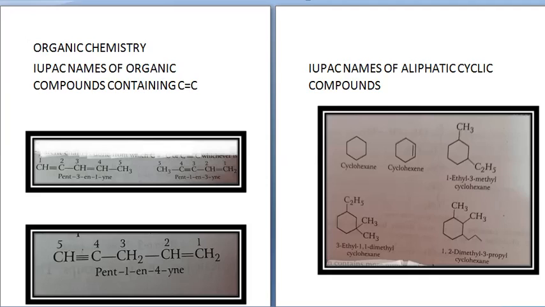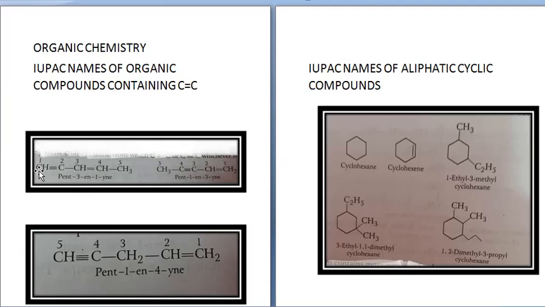So numbering we will do like this: 1, 2, 3, 4, 5. But in naming, total 5 carbons, so pent, and in naming first we will write "ene". So pent-3-en-1-yne. This is how the naming is done.